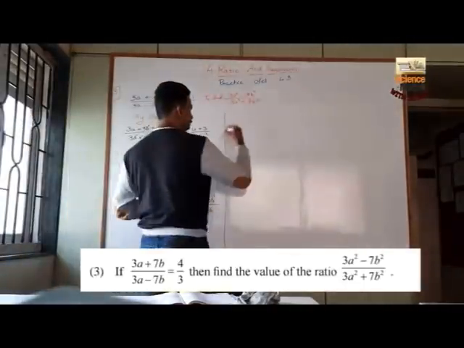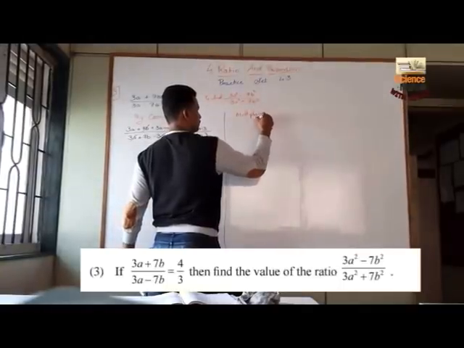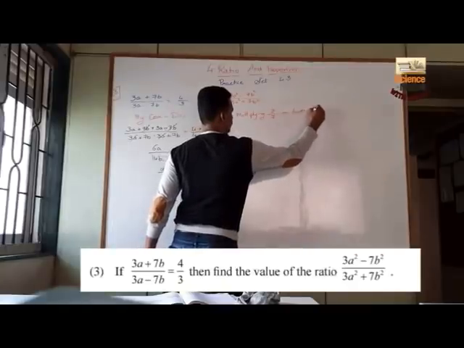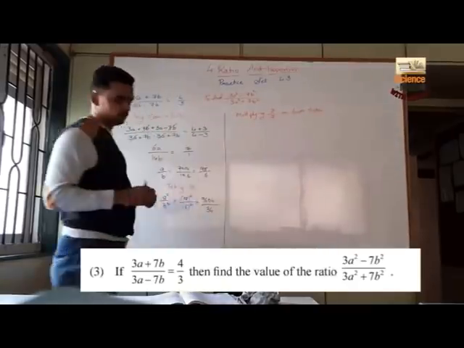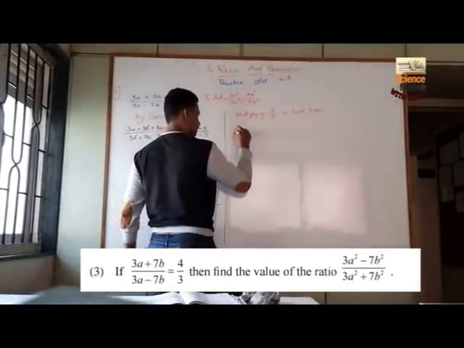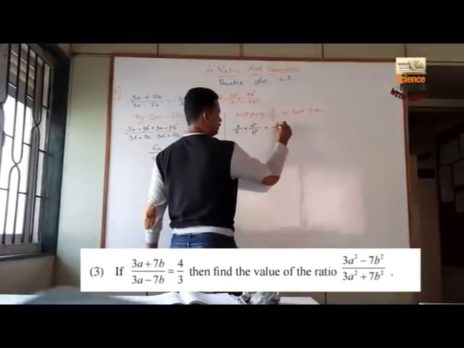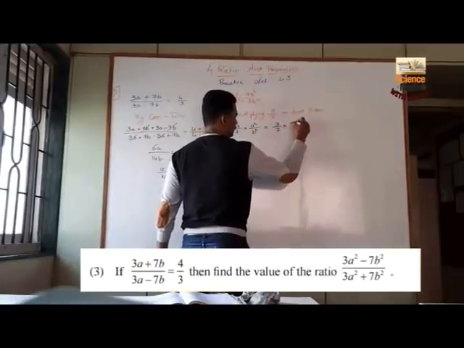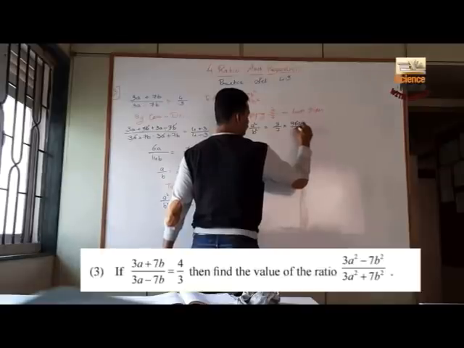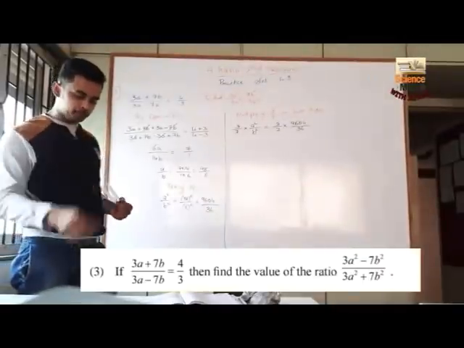So multiplying by 3 upon 7 on both sides, I will get 3 upon 7 into a squared upon b squared is equal to 3 upon 7 multiplied by 9604 divided by 36.